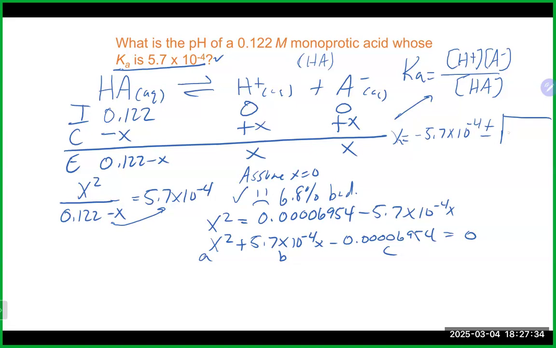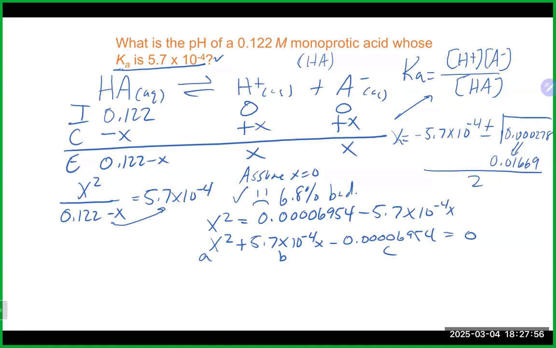Going to get us inside there 0.000278. We're going to then square root that. And after you square root it, 0.01669, all divided by 2 times a, which is 2 in this case.